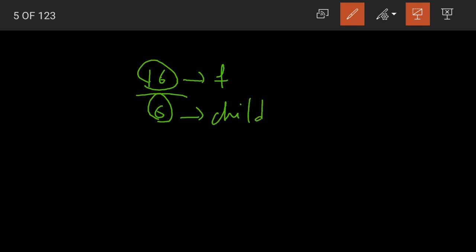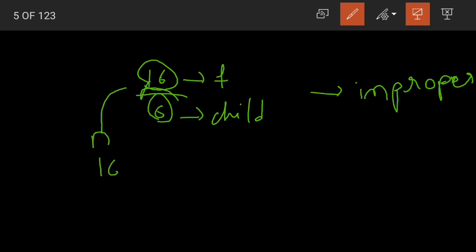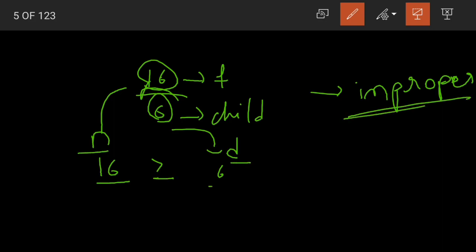Here the father is sitting on top of the child. It is improper. The child will not be able to bear the weight of the father. So it is an improper fraction. Here the numerator 16 is greater than the denominator 6. Understood? When the numerator is greater than the denominator, it is called an improper fraction.